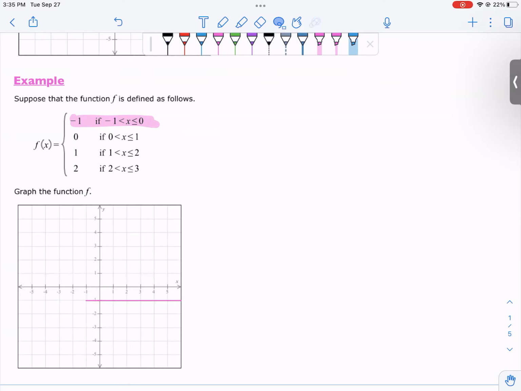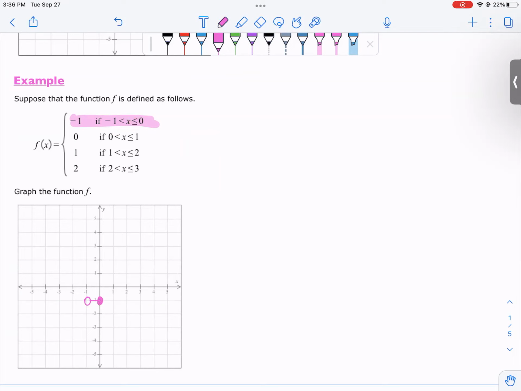And there is no underline under this inequality, so we don't include the point at negative 1. This goes until x equals 0. There is an underline there, so we're doing a solid circle.